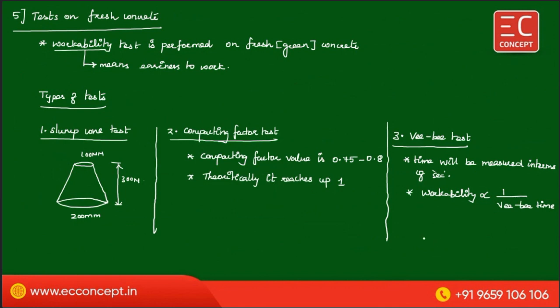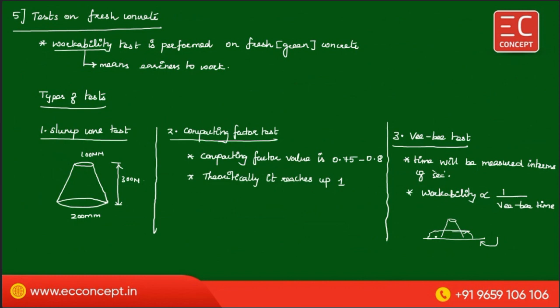The test is something like that. I hope you can read the test. Initially this is the VB table. Over that, first of all, the sample is placed using the slump cone. After that, the slump cone is taken out, and using a motor arrangement we give vibration. Due to this vibration, the concrete falls down and takes a circular shape.